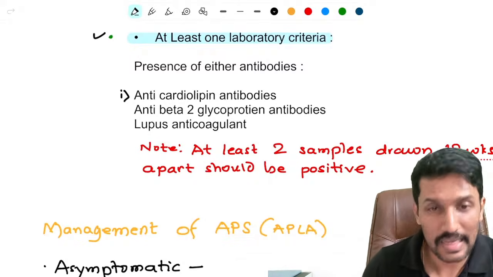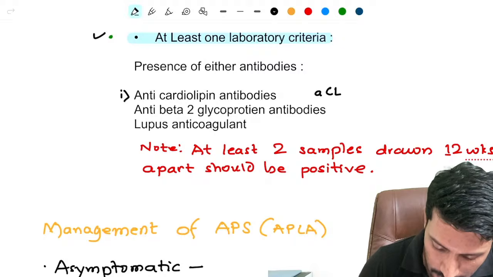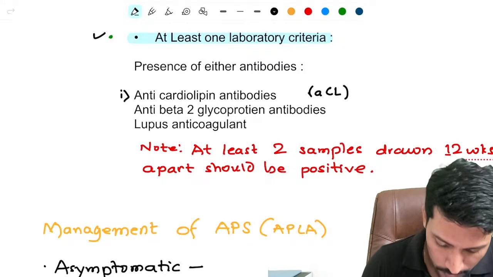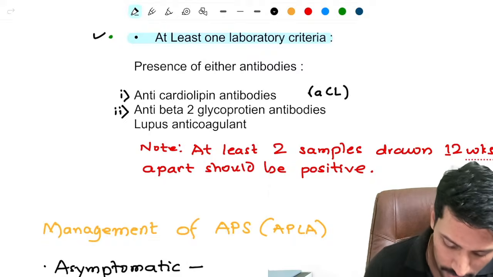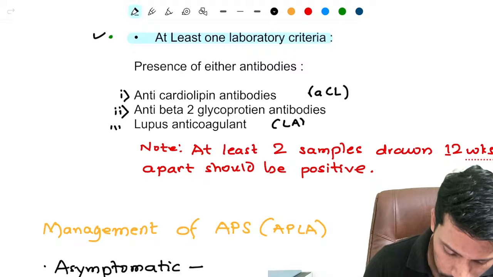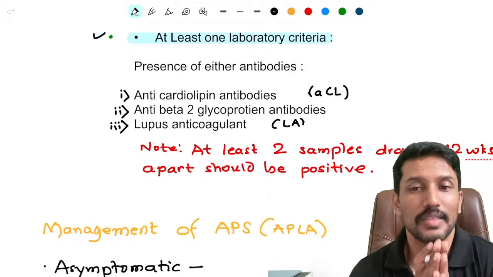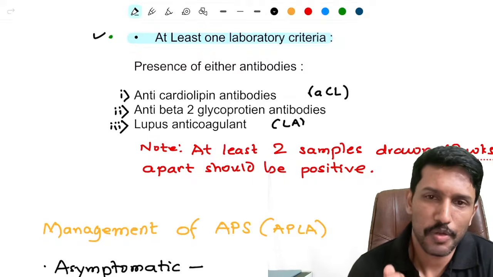The first one is anti-cardiolipin antibody, usually abbreviated as ACL. Second one is anti-beta-2 glycoprotein antibodies. And the third one is lupus anticoagulant, usually abbreviated as LA. So these are the 3 antibodies. Out of these, at least one antibody should be positive.